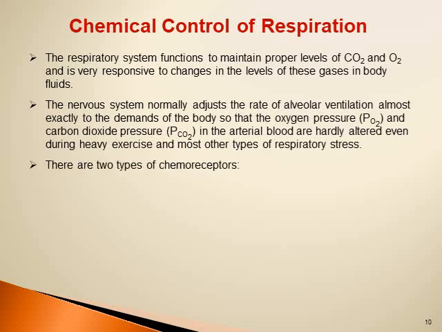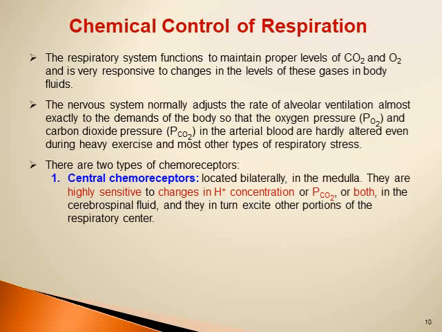As I said in the previous slide, there are two types of chemoreceptors. Those located in the central nervous system we call central chemoreceptors, located bilaterally in the medulla oblongata.